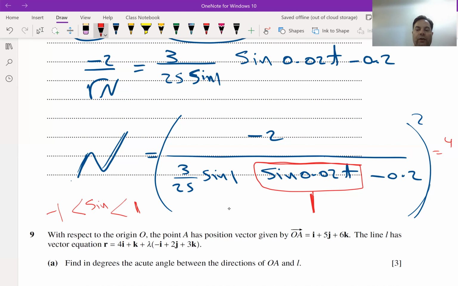So 4 divided by this part. If you take sine as negative and square it, it will be positive. So I will write 2 divided by 3 over 25 multiplied by sine 1, then multiplied by 1 minus 0.2, then square, power 2.